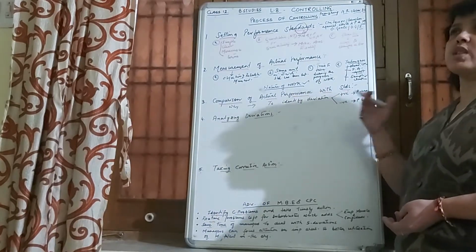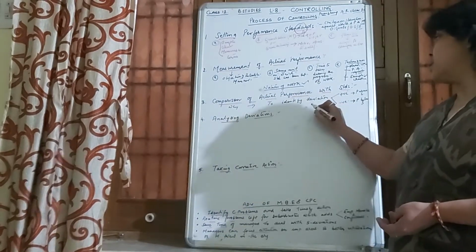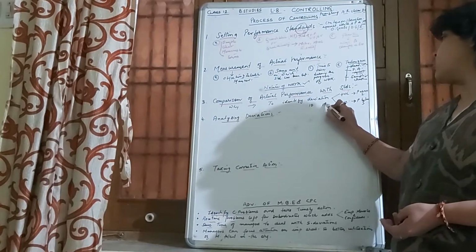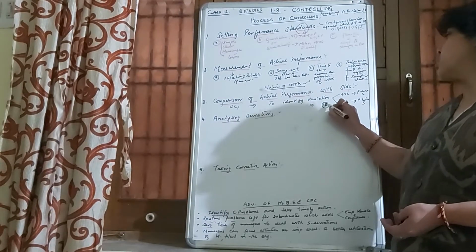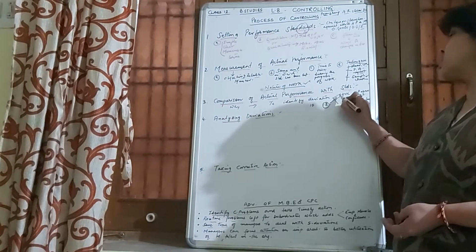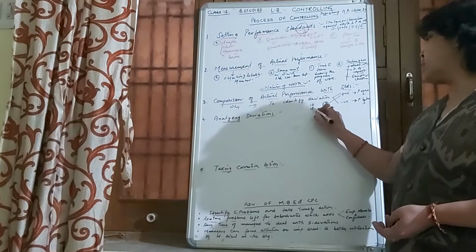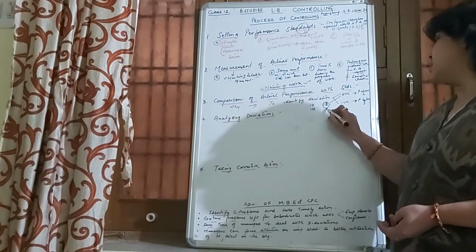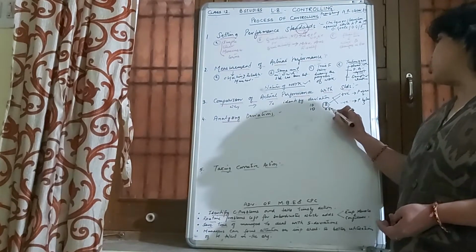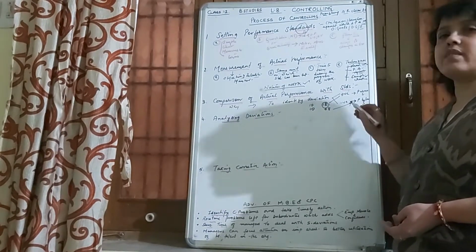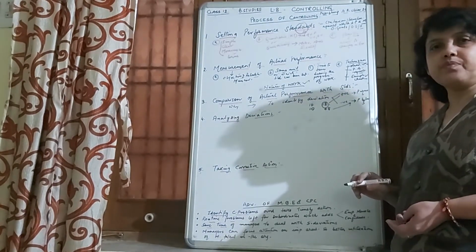If the standard is set for 10 units and the actual performance is 12 units, it is above standard and it is positive deviation. If the standard is set for 10 and the actual performance is 8, then this is negative deviation.